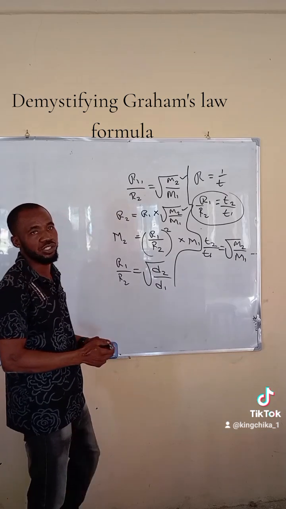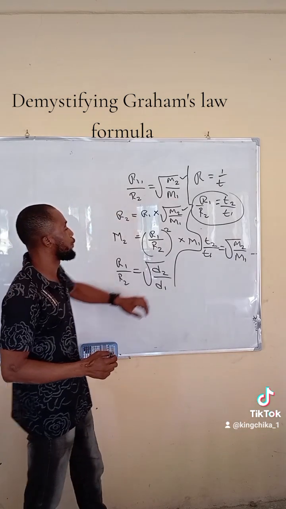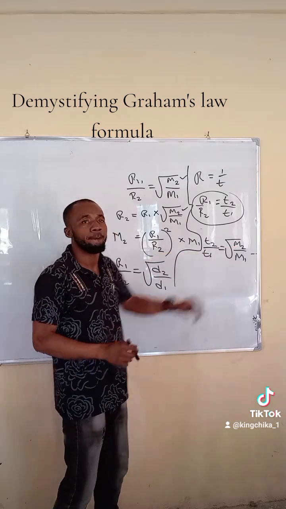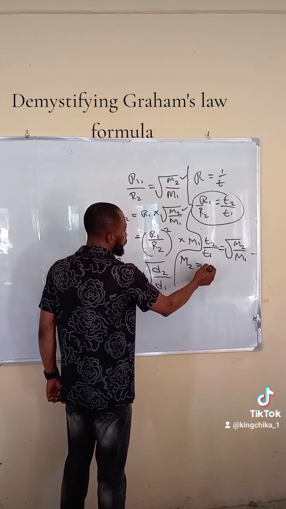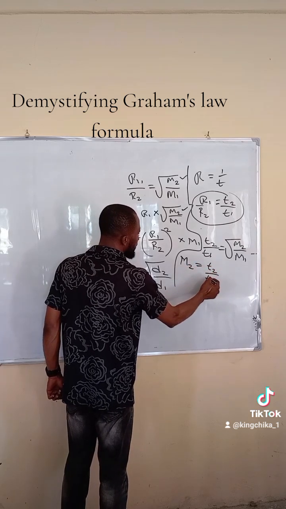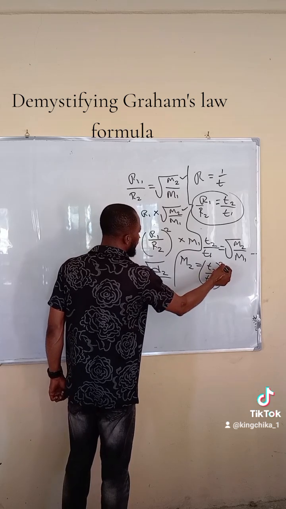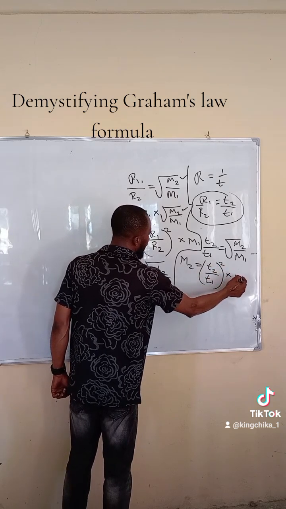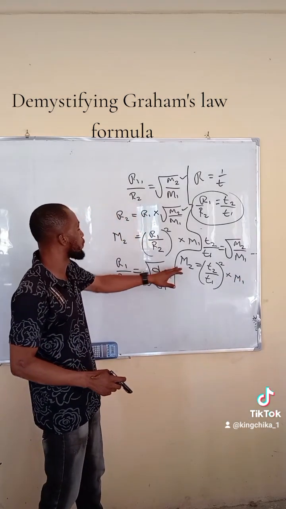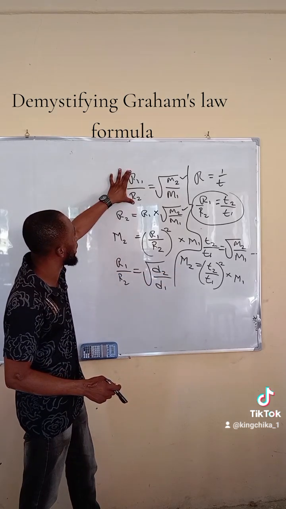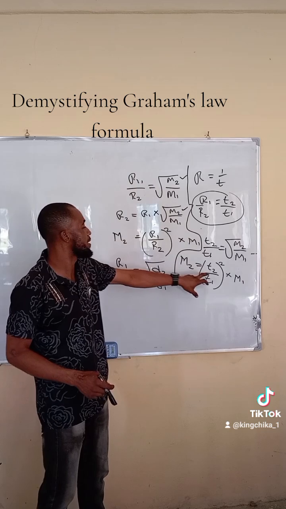You see, it has changed. Now, if you are looking for M2, you now say M2 will be equal to T2 all over T1 squared multiplied by M1. See, this is where the wahala normally comes. So people will just use the same R1 method by saying T1 over T2.